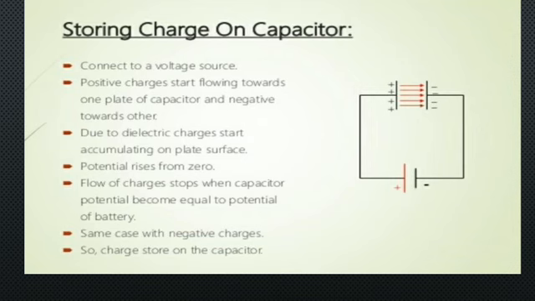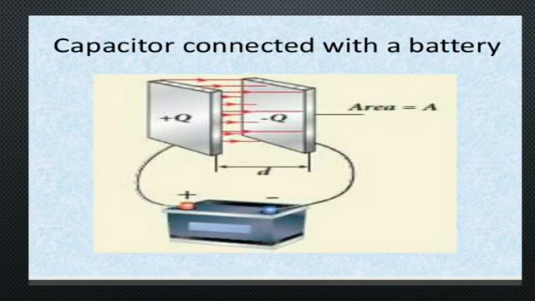So the charge is stored on the capacitor. In this way, the charges are stored on capacitors. See this battery: the positive terminal is connected to one plate and the negative terminal to the other plate. Each plate has a particular area of cross section, with a dielectric material in between, separated by a particular distance.